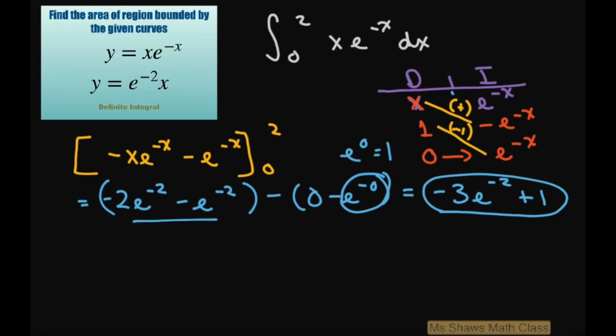And then what we had was this plus the integral from 0 to 2 of negative e to the power of negative 2 times x dx.